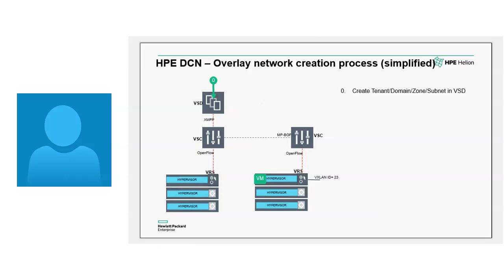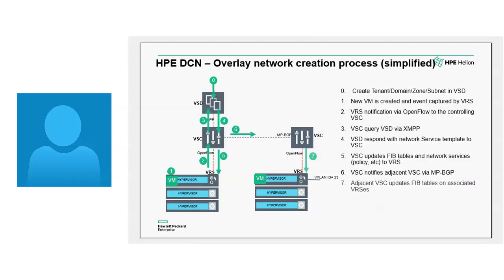So what is the network creation process? I've talked about this earlier. You basically go in and create a tenant or a domain and all that in the VSD. And then what happens next is that whenever a new VM is created, there's an event which is captured by the VRS.